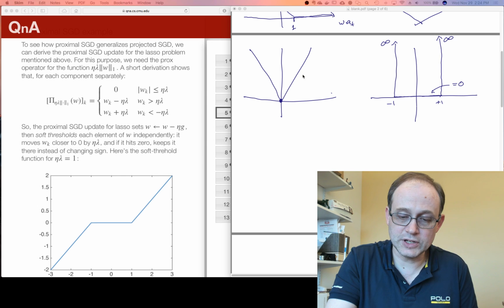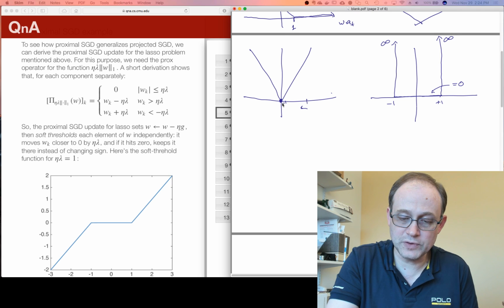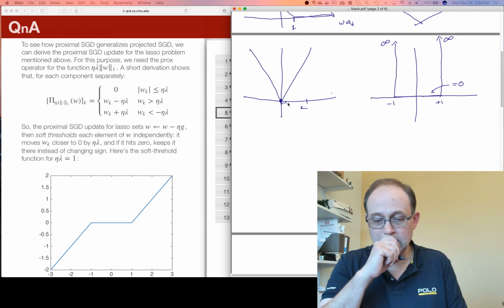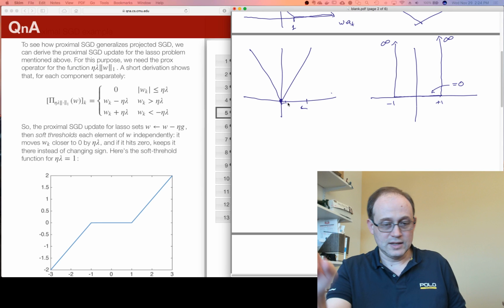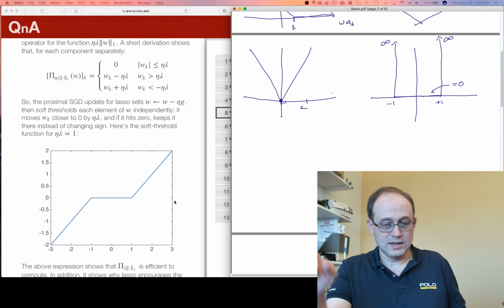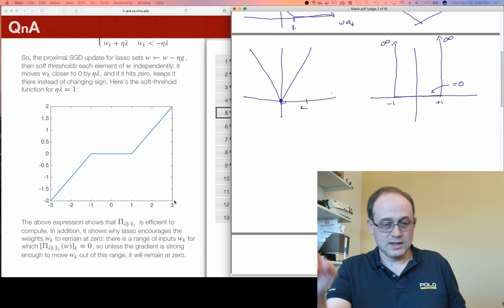If w is over here, you'll move a little bit that way, and if w is close, you'll move exactly to the origin and stick there. I'm not going through the derivation, but it's a good exercise in algebra to try and compute that minimum explicitly.